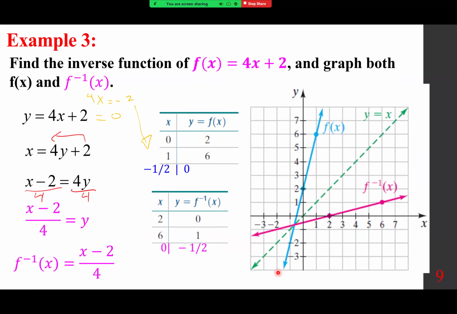This is y equals f of x, f of x equals 4x plus 2, and this is y, or f inverse of x equals x minus 2 over 4. And here's the line y equals x, which shows clearly the two lines are inverse functions because they're symmetric with respect to the given line.